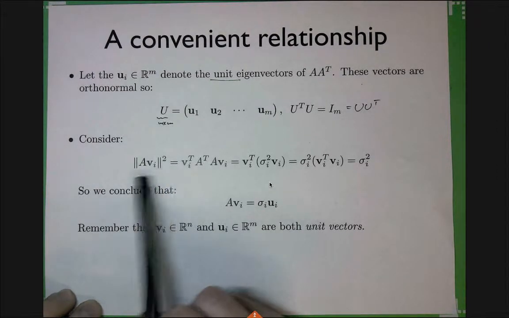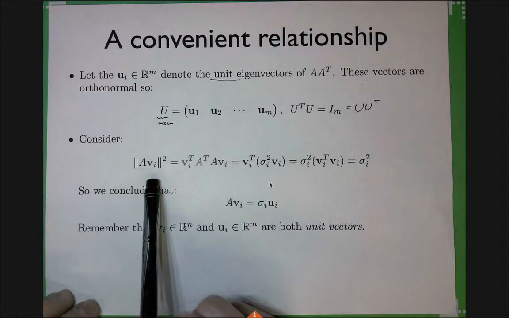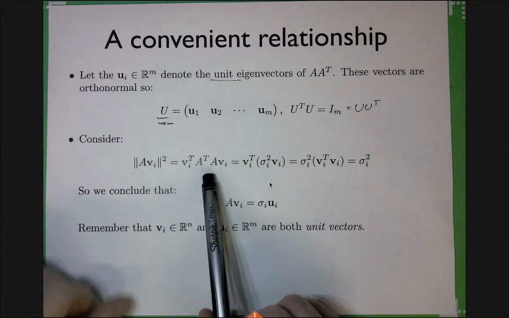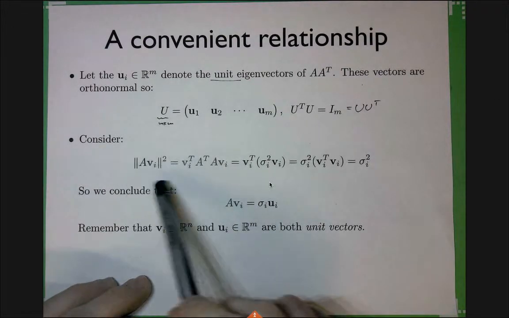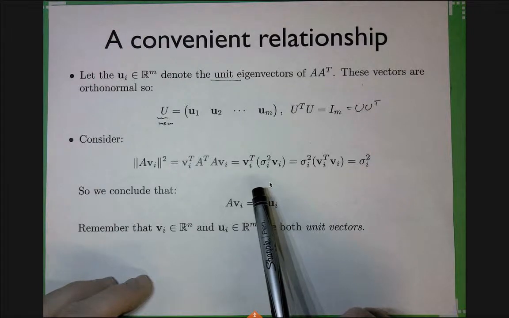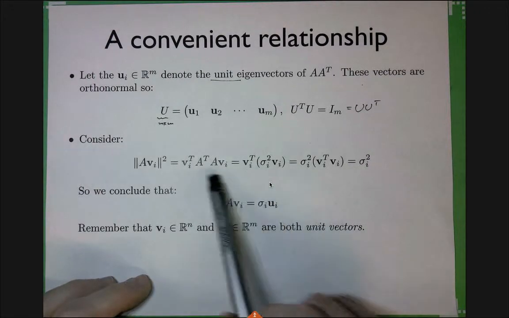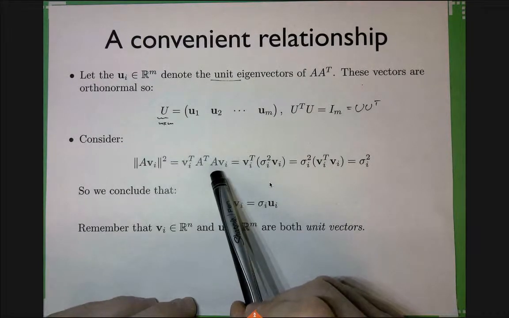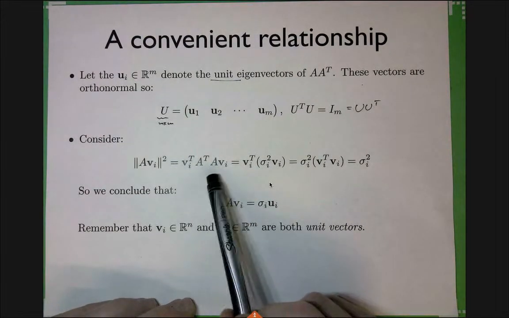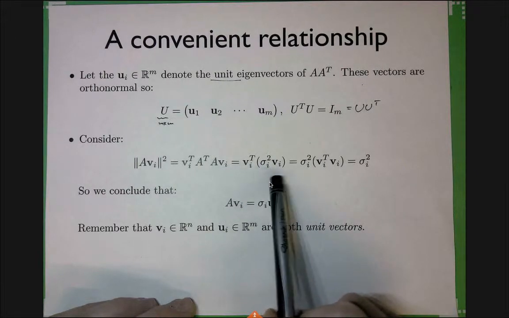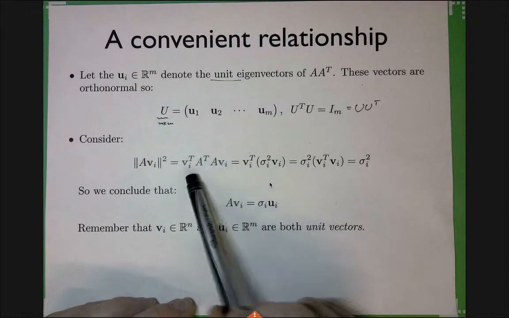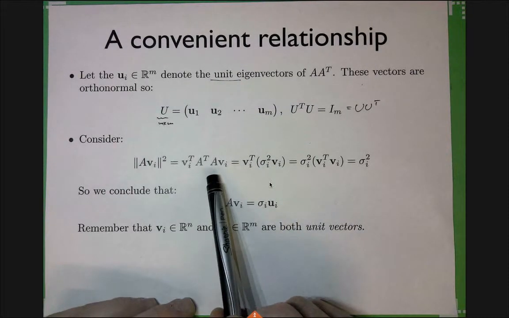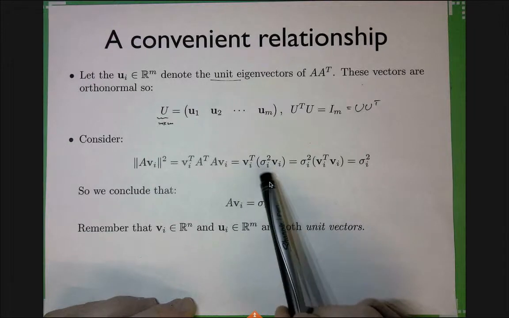So the scale here I can deduce from looking at the length of A v_i, so the squared length of A v_i, which is just v_i^T A^T A v_i, right? I just used the same formula as before. It should be clear, I hope. And what do we have here? Because A^T A v_i is sigma_i squared v_i, because the v_i's were eigenvectors of A^T A and the sigma_i squared were the eigenvalues of A^T A. So sigma is just a scalar, right?